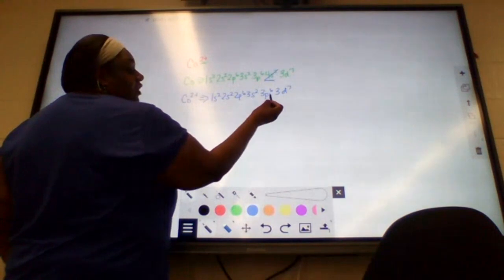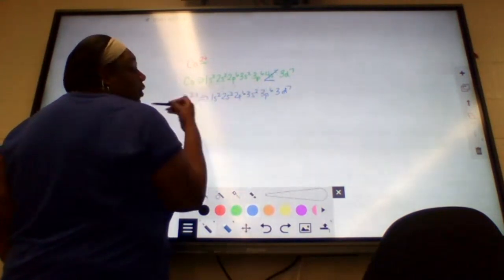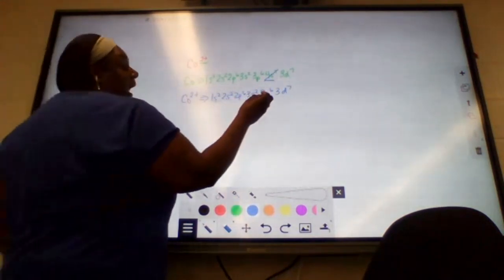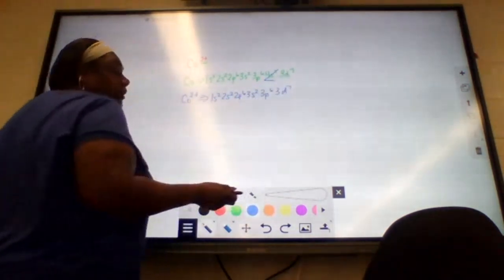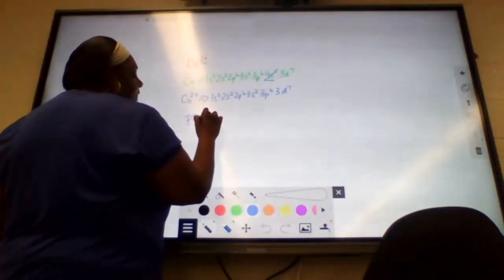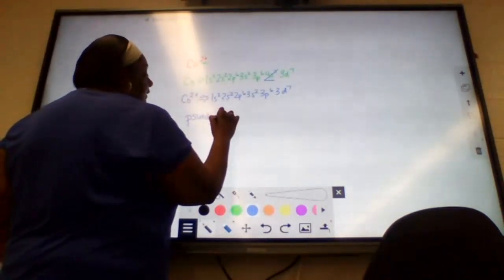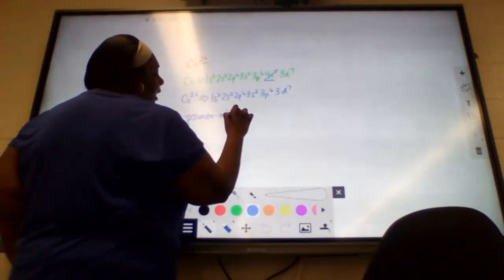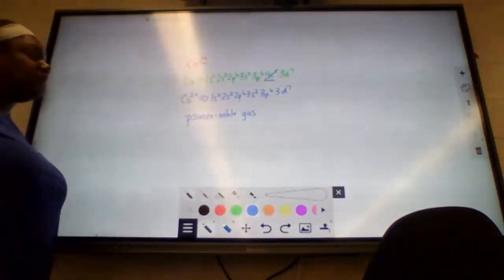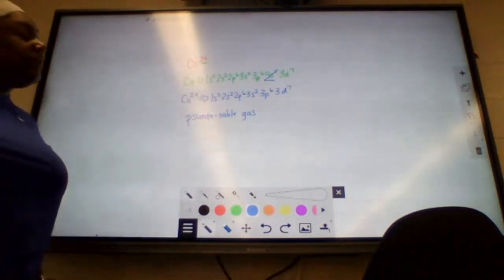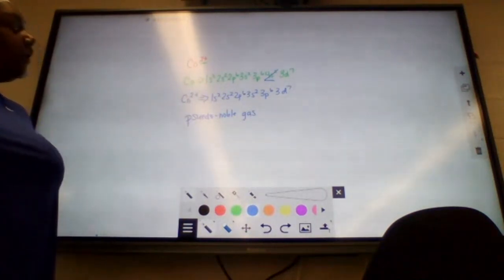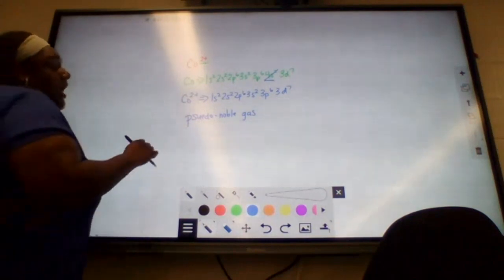If we consider how many electrons we have in our S and our P, we do have 8 valence electrons in our S and our P. And again, because those D electrons are present, that makes this not a noble gas configuration, but it is called a pseudo noble gas configuration. Because we do have our 8 valence electrons, even though we have electrons beyond the number of electrons that are in the valence.